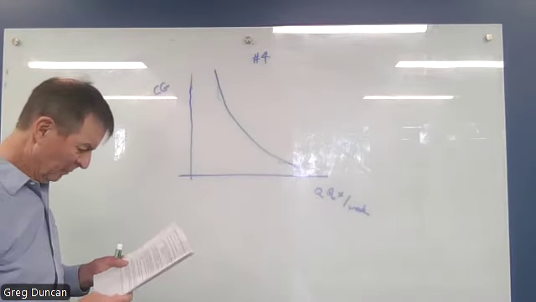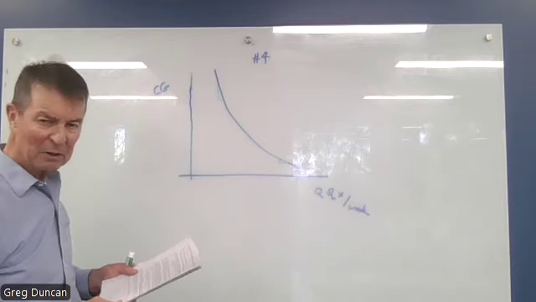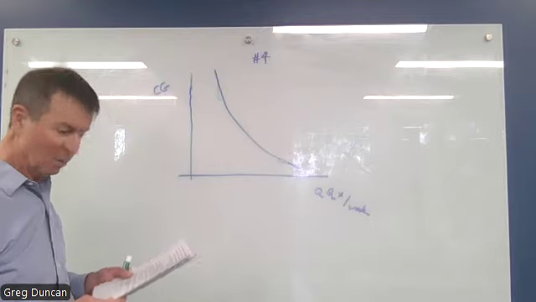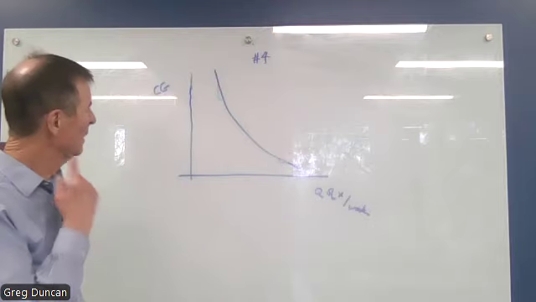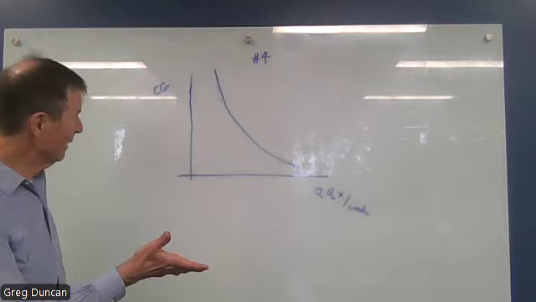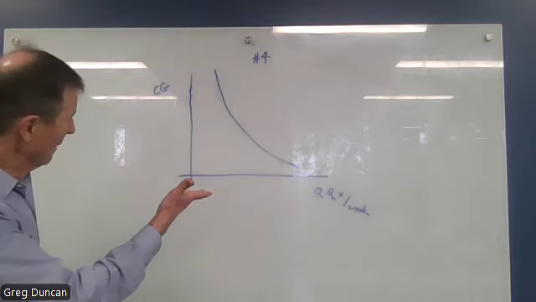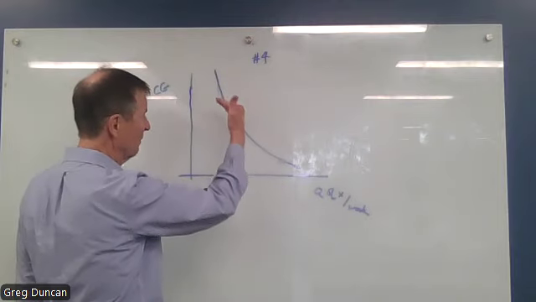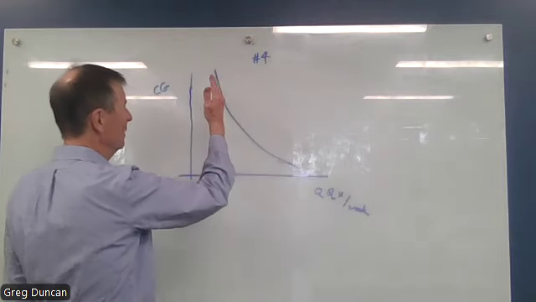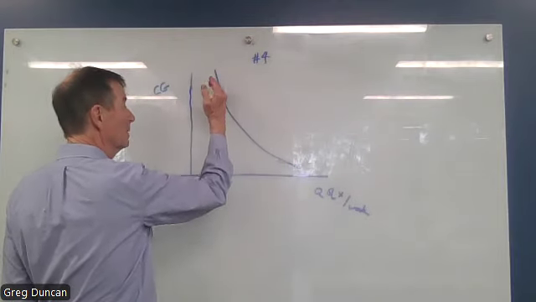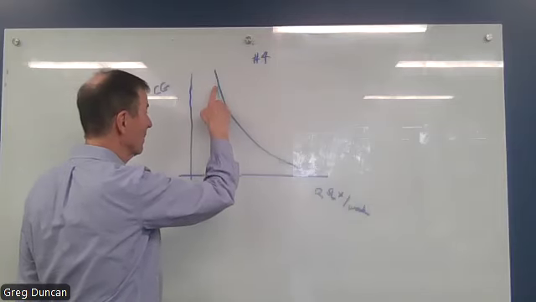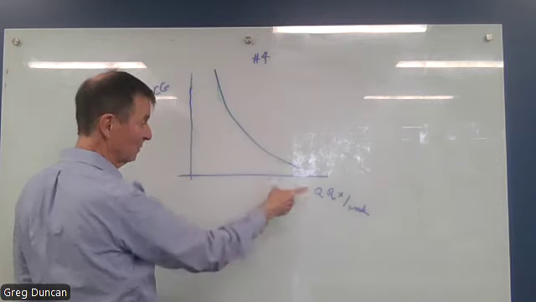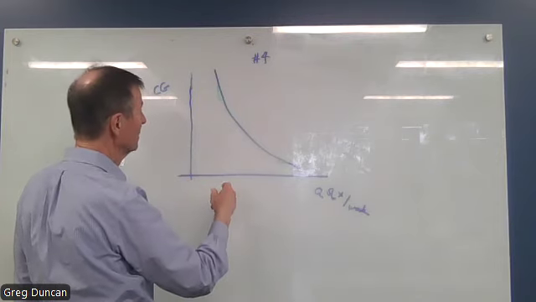We've always been drawing indifference curves so that they are convex to the origin. Draw one that is concave to the origin and show that it doesn't exhibit a diminishing marginal rate of substitution. Let's start with the convex case. I've drawn it here. And if you have a convex curve, the slope is steeper up here, reflecting the fact that you're willing to give up a lot of the composite good to get a little bit more of whatever X is down here.